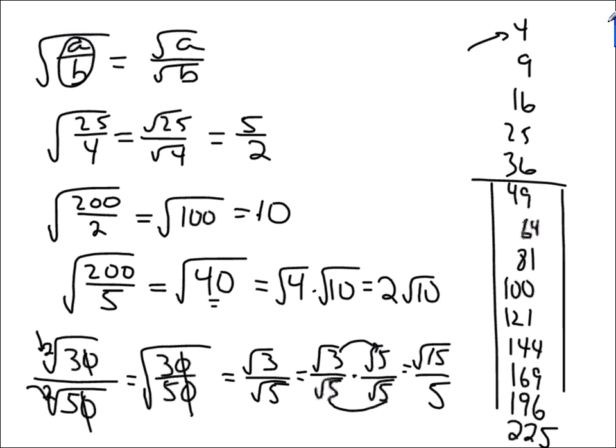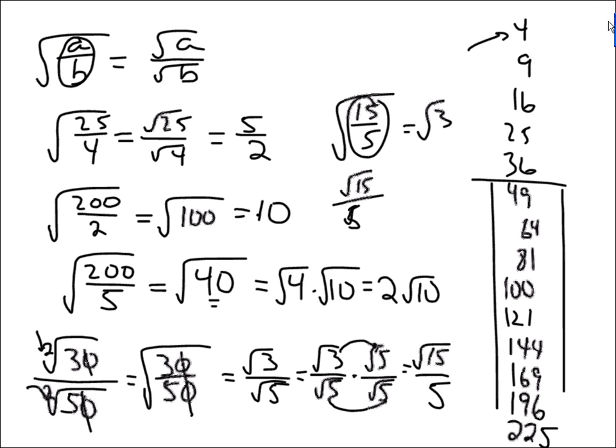You cannot say that's the square root of 3. If you had the square root of 15 over 5, that's 3, you can say square root of 3. If you have the square root of 15 divided by just 5, let me write that down, just 5. You cannot say, oh, 5 goes into 15 3 times. And I'm not going to debate that 5 goes into 15 3 times.